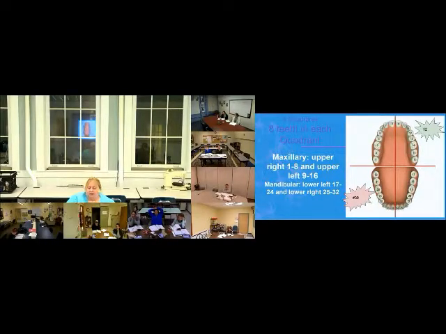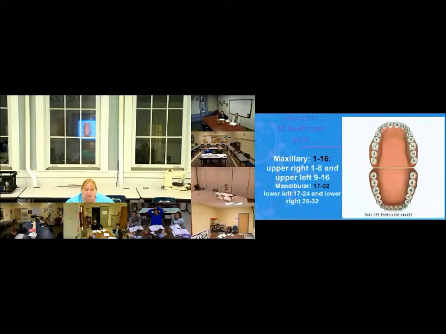The lower left has 8 teeth, numbered 17 through 21. And the lower right has 8 teeth, numbered 25 through 32. So, how many teeth are there in total? There are 16 per arch. So 1 through 16 are maxillary teeth. 17 through 32 are mandibular teeth.